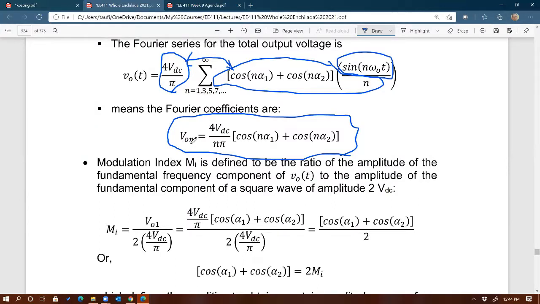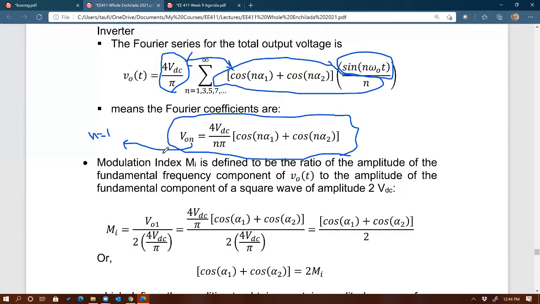So V out 1. If you set n equal to 1, it means we are interested in the fundamental component of the output, and we are interested only in the fundamental component. So from this equation, I could get the equation for the magnitude of the fundamental component.